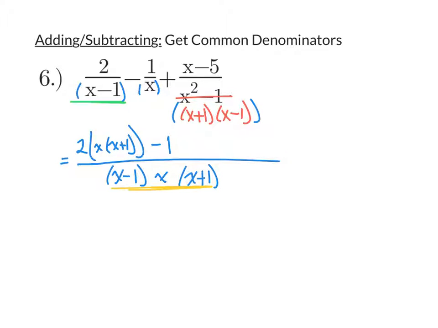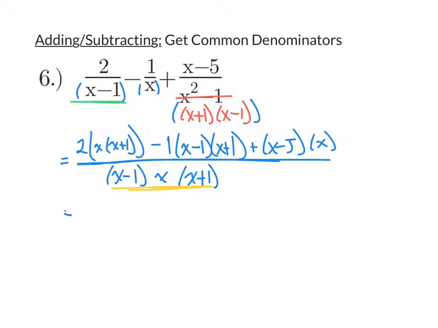For the minus 1, it already had an x in the denominator. What was missing is the x minus 1 and the x plus 1. And for the x minus 5, it already had the x plus 1 and the x minus 1 in its denominator. What was missing was the x.